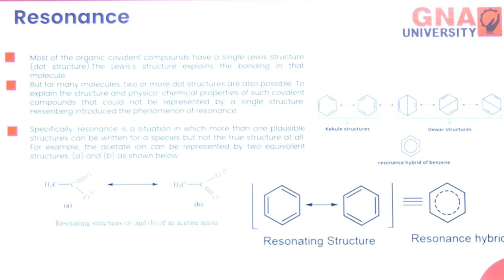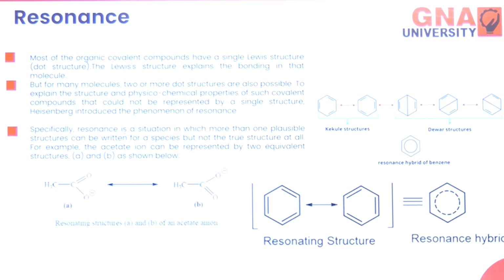So for many molecules, two or more dot structures are possible. To explain the structure and physicochemical properties of such covalent compounds that could not be represented by a single structure, Heisenberg introduced the phenomenon of resonance.